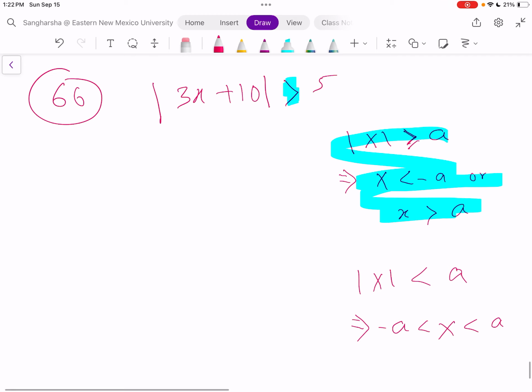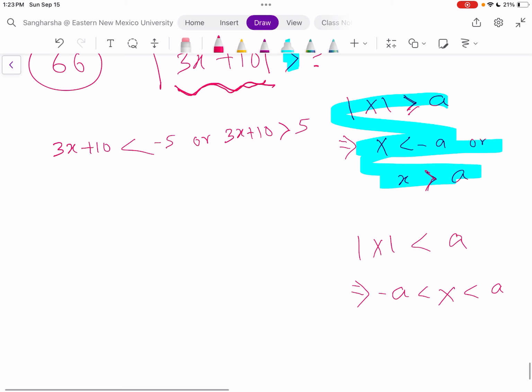You write whatever you have inside the absolute value sign, so we have 3x plus 10, less than negative of the right side, negative 5, or 3x plus 10 greater than positive a, which is 5. Now we have these linear inequalities, and we know how to solve them.